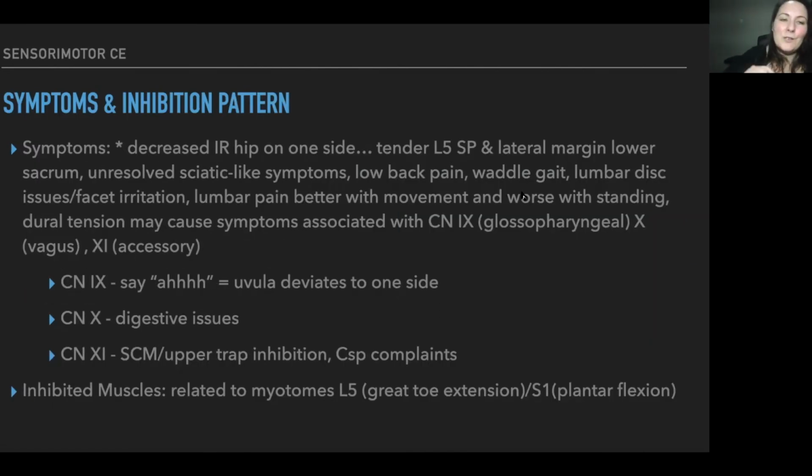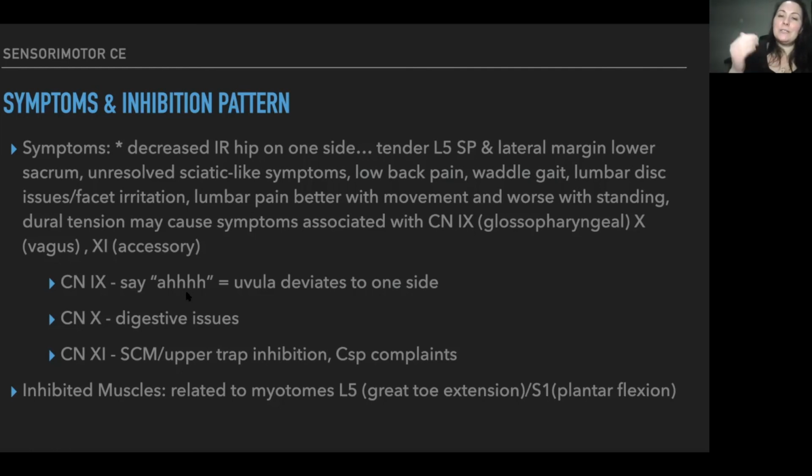But the cranial nerves that will be most affected are cranial nerve number 9, glossopharyngeal, 10, vagus nerve, and the accessory nerve, which is associated with SCM and upper trap. And so to test cranial nerve number 9, the glossopharyngeal, I don't have a tongue depressor, but you can have them open and look at their uvula.